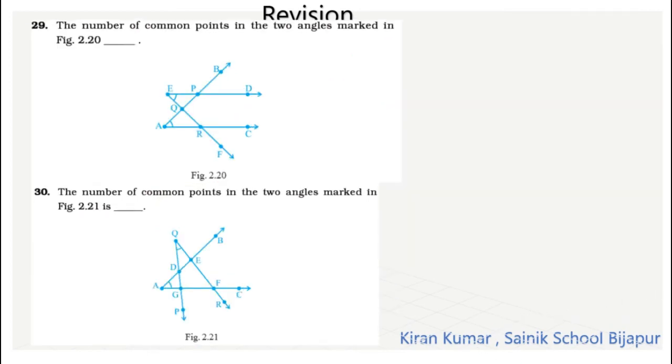Question 29. The number of common points in the two angles marked in the figure 2.20. The angles are PEQ and another angle is QAR.